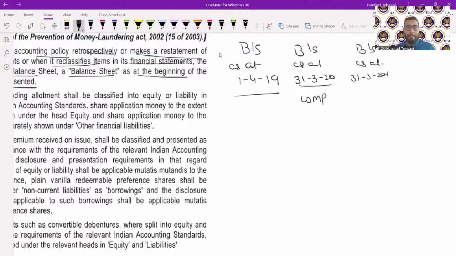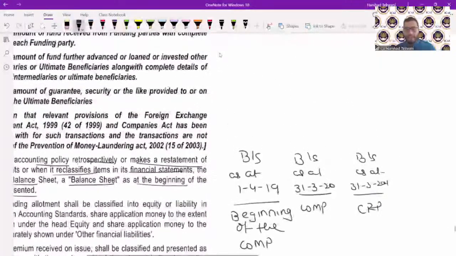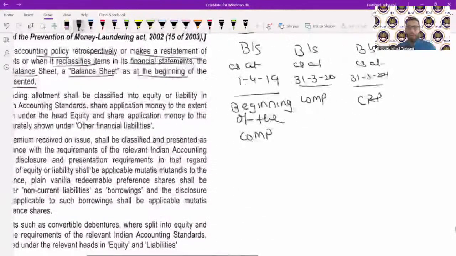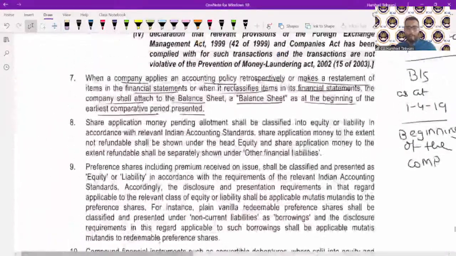This is the beginning of the comparative, and this is my current reporting period. Clear? This is how we are required to give 3 balance sheets for restatement. Okay, this is how you are required to disclose for retrospective restatements, basically.